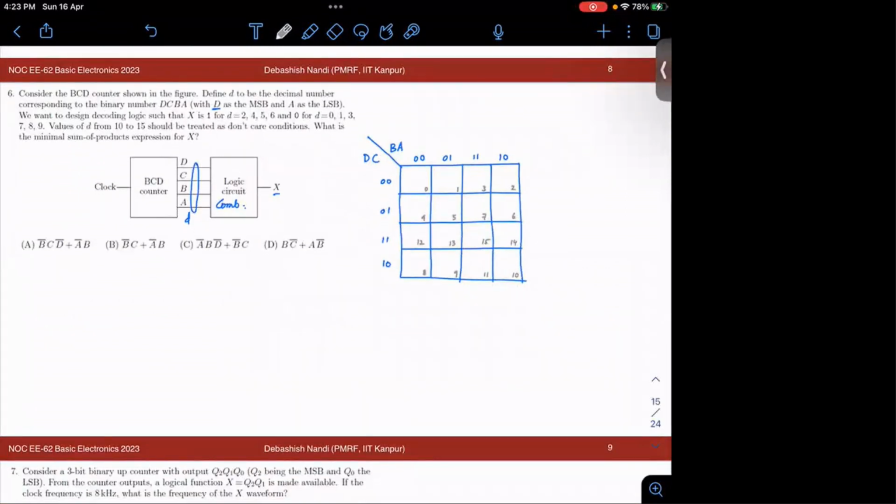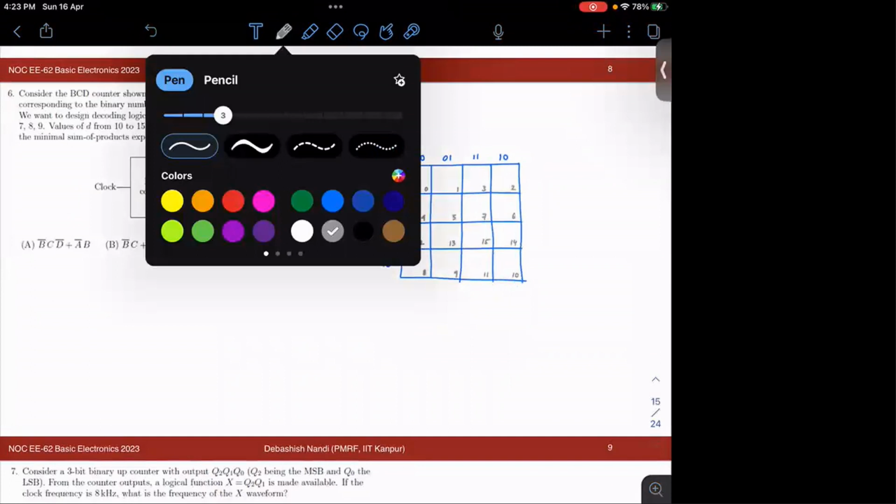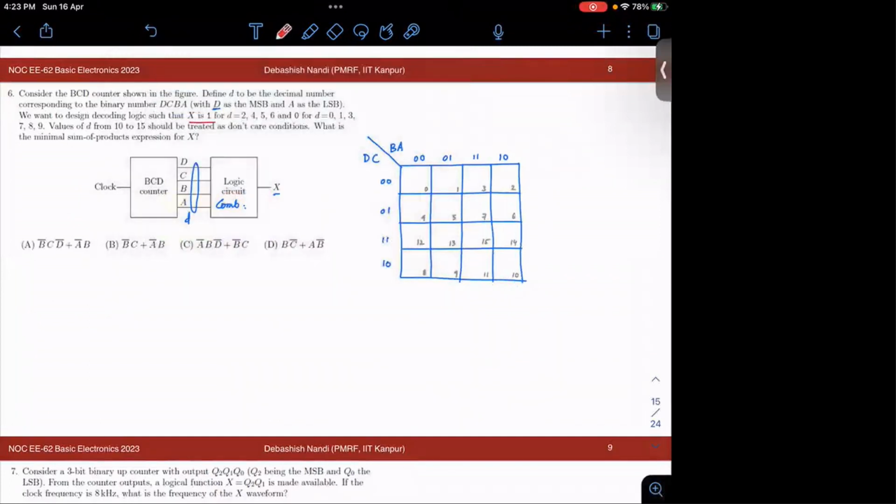First thing is that X is 1 for D is 2 4 5 6 and 0. Okay, means 0 2 4 5 6. Fine. Okay, not 0. 0 for these things.